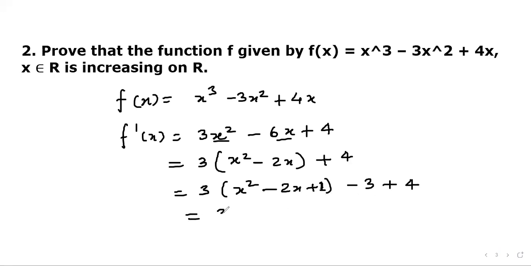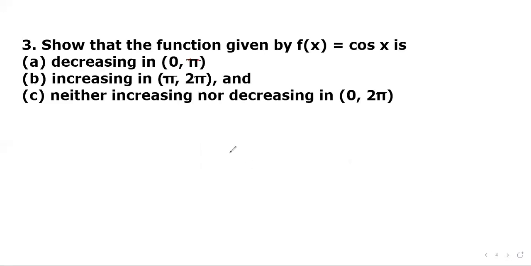Now this will become 3 times (x minus 1) whole squared plus 1. Clearly, this can't be negative. This is also a non-negative term. So it will be greater than 0. Hence, we can say the given function f(x) equals x cubed minus 3x squared plus 4x is increasing on R. Let's take the next question.